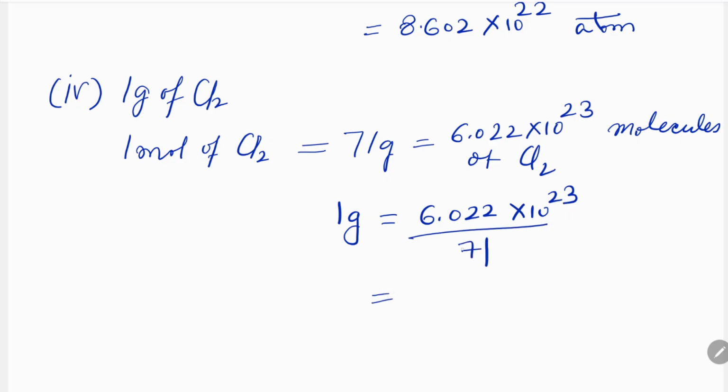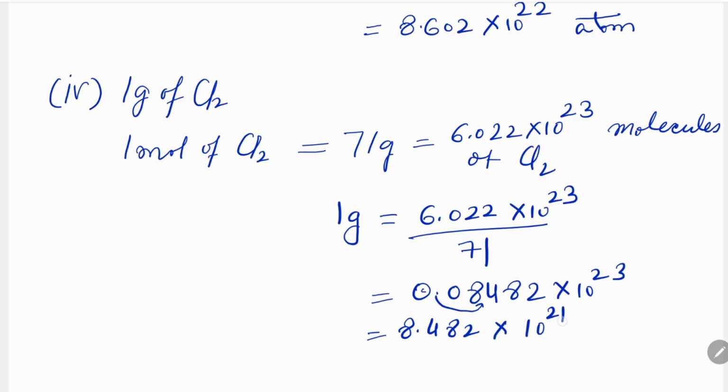When we divide 6.022 by 71, it comes out to be 0.08482 into 10 raised to power 23. We are going to shift the decimal to the right hand side: 8.482, the decimal is shifted 2 places to the right. So obviously 2 is subtracted, into 10 raised to power 21 molecules of chlorine. So this is how you are going to calculate it.